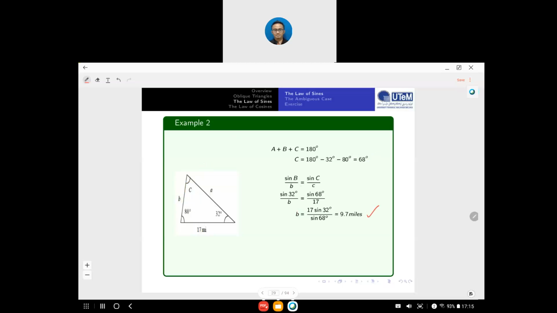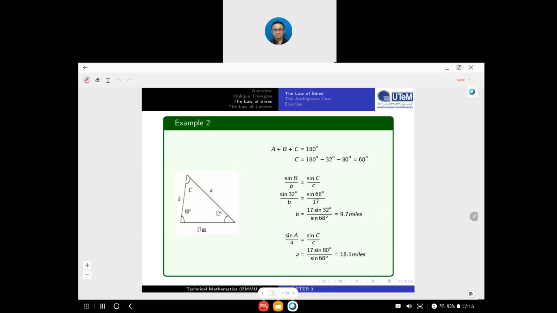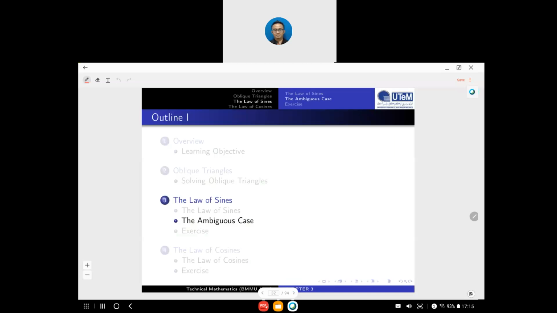And then we can find the value of A. By using law of sine, we get sine A over A equals sine C over C. Substituting all the given items, you can get A equal to 18.1 miles. Okay, this is for the case of law of sine.